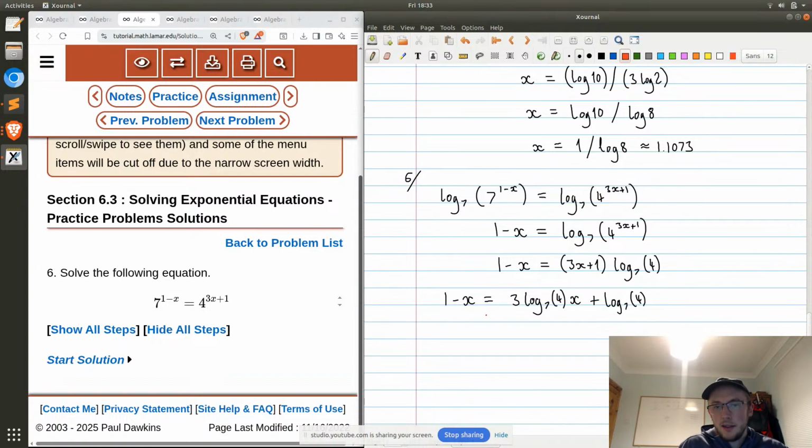And now I see that x is mentioned there and there, whereas these are just regular numbers. So I'm going to get everything together. That's getting everything on the left. This is getting everything on the right.